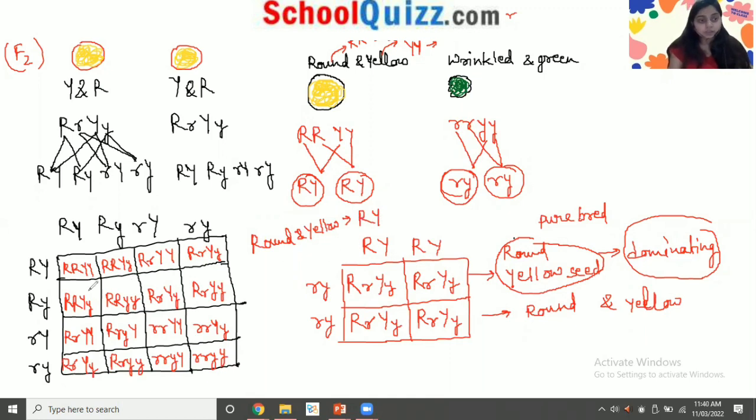So here you can see capital R and Y, capital R and Y, and here also. When we count all the squares which have capital R and Y, we find nine squares in this square which have round and yellow seed, meaning they have capital R and capital Y.